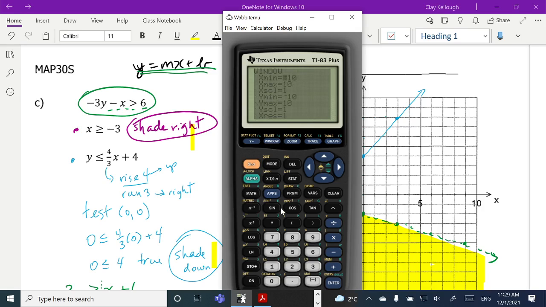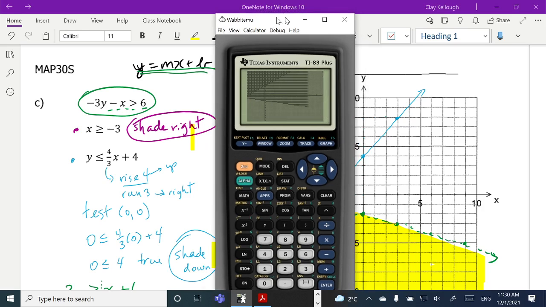I go to my window, and I'll just make x always be greater than -3. So my x minimum is -3. In other words, I only set that to be the border of the graph. Now hit graph, and there we go. Everything in the section that's about to be clear is my answer.